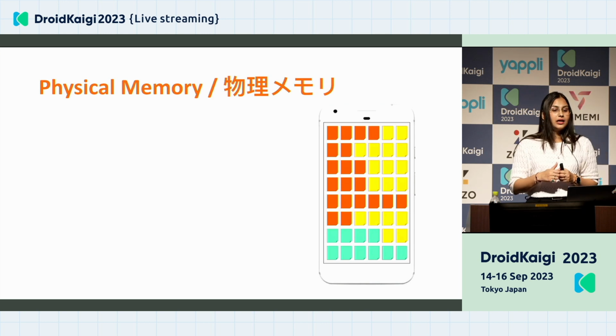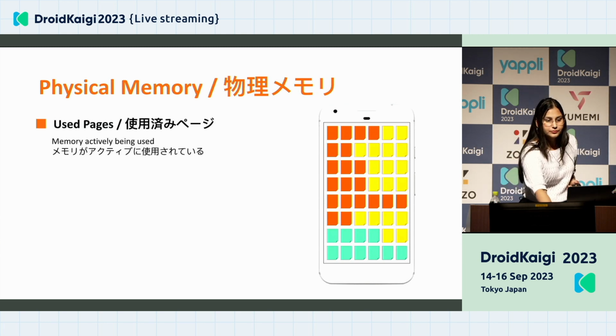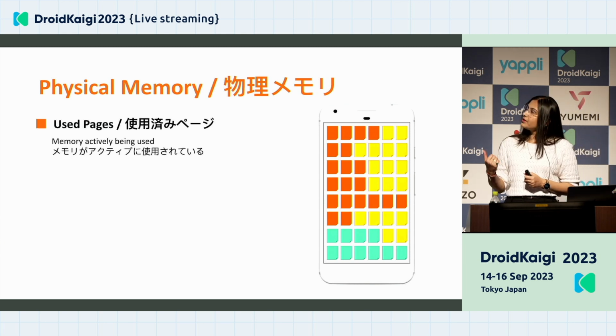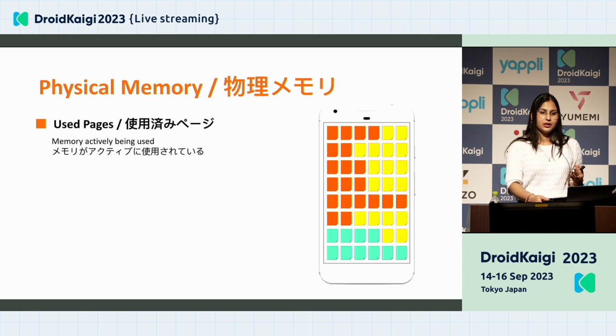Let's start with how physical memory or RAM is organized. When we are talking about physical memory or RAM, it is grouped into pages, and each page is typically around 4 kilobytes of size. There could be different types of pages. For example, there could be used pages, which are the pages actively being used by the processes.